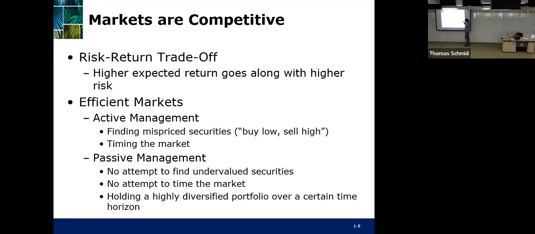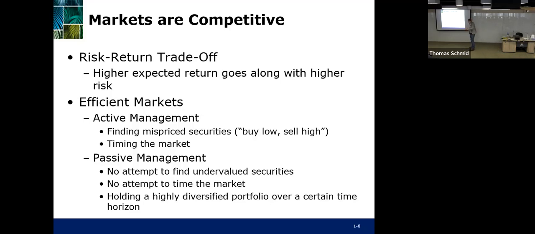If markets are fully efficient, it's better to do passive management. Passive management means you do not try to find undervalued securities and you are not trying to time the market. Instead, you simply buy the whole market, like a broad index, and you hold that for a long period of time, like a couple of years.